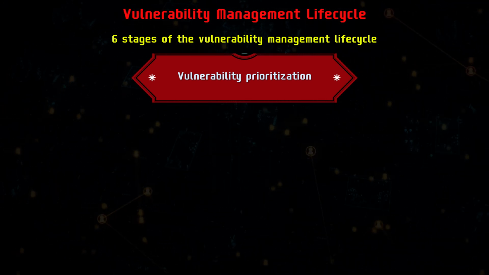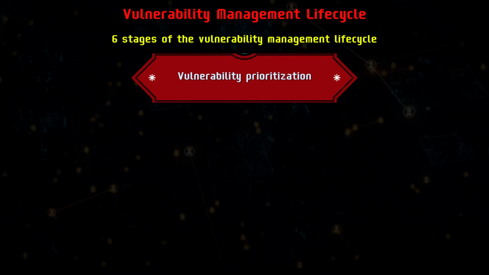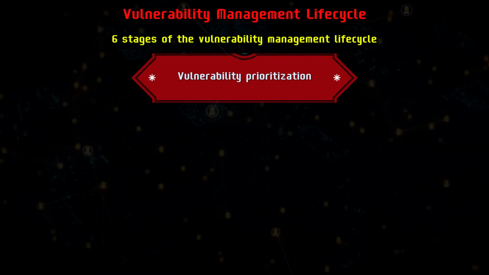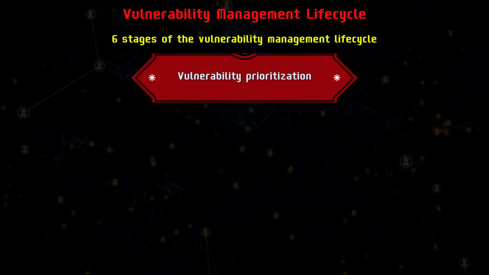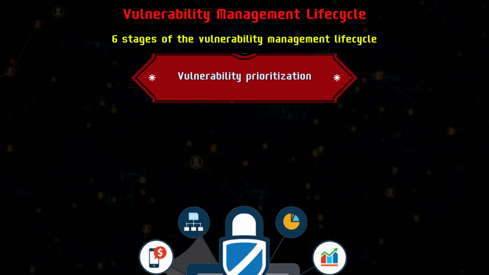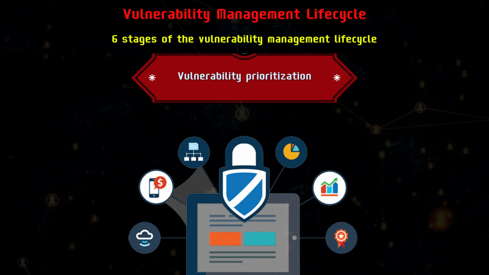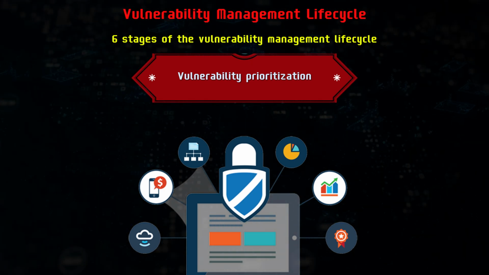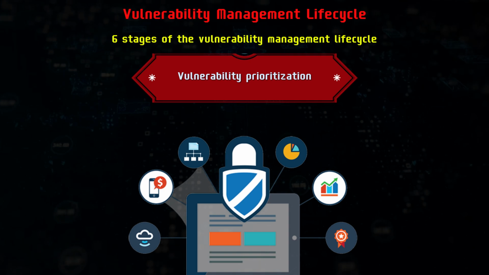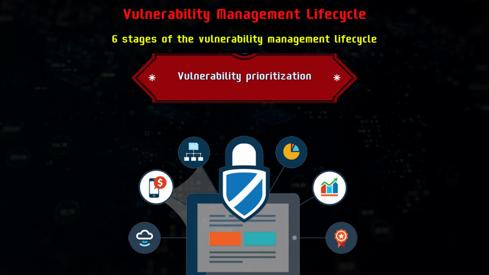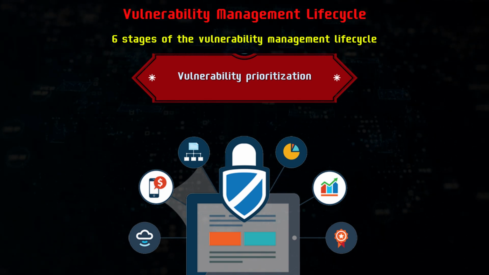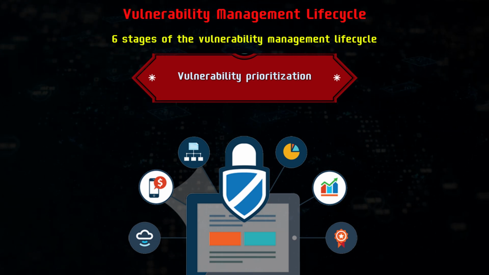Conduct a risk assessment to understand the impact and likelihood of vulnerability exploitation. Prioritize vulnerabilities by gathering threat intelligence from both internal and external sources to provide more context for the threats. Prioritization will help focus efforts on high-impact areas and reduce the overall attack surface.